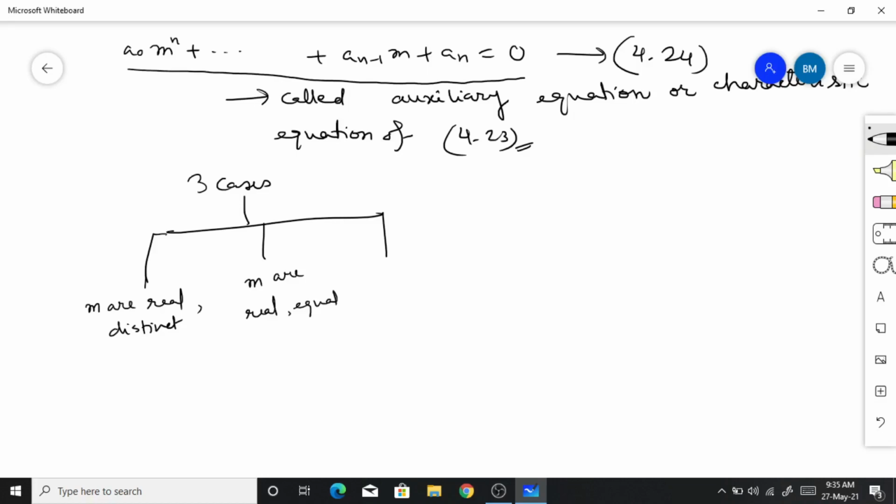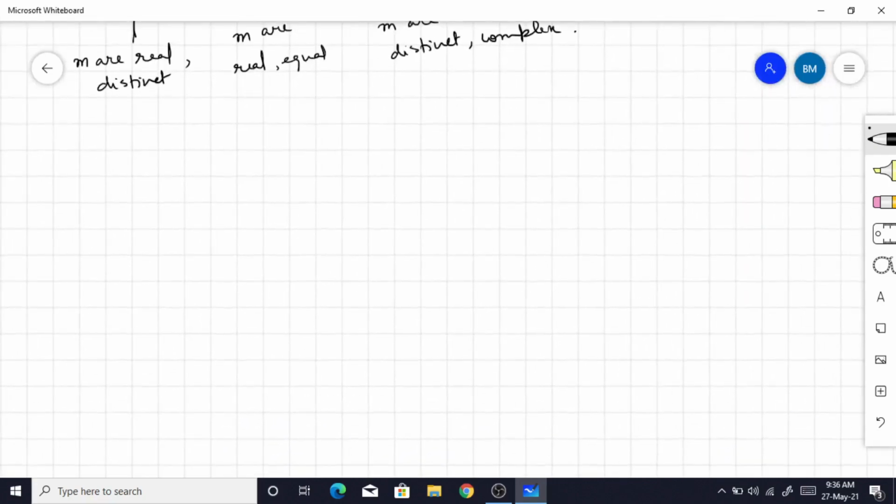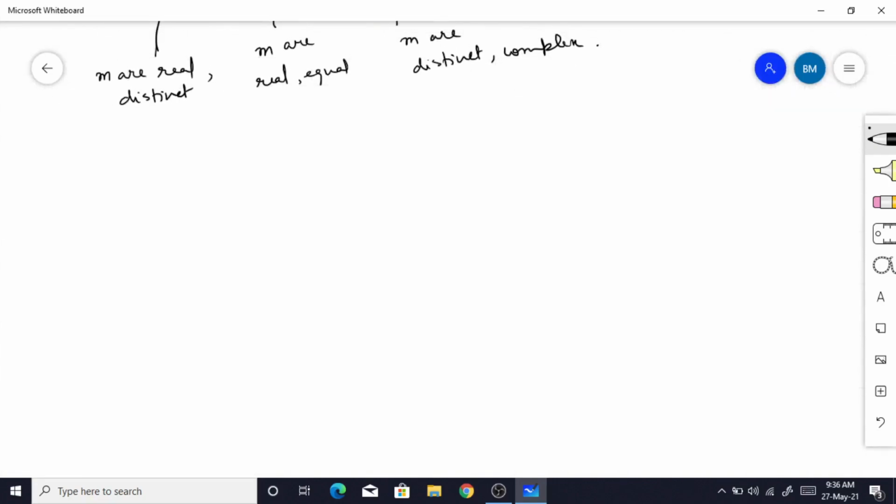And the last one, the values of m are distinct but complex. We shall discuss all these three cases, and if the values of m are real and distinct, then what will be the general solution of equation 4.23, that we see now.